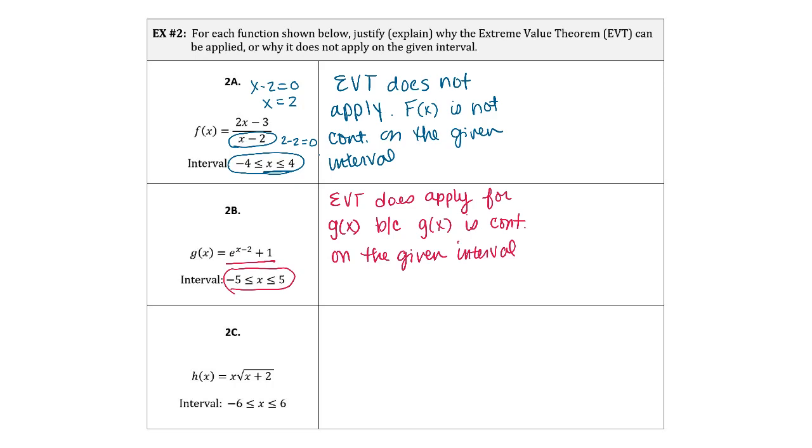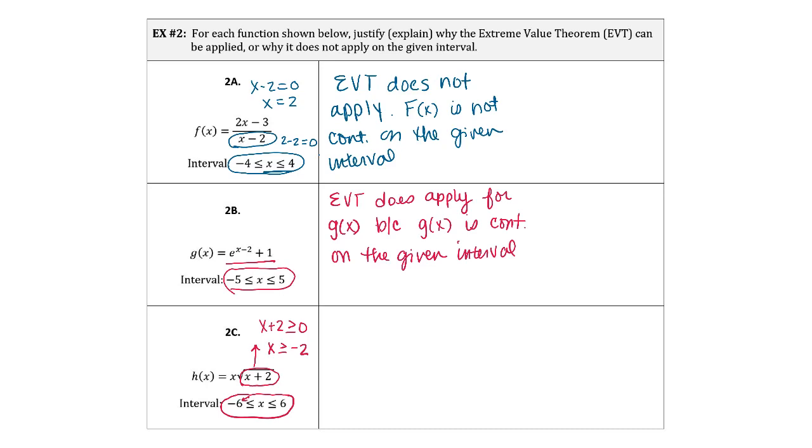Okay, and then our next example, again, we have a square root, and we know in the real number system we cannot take square roots of negatives. So to ensure that, what we would need to do is take x plus 2 and make sure that stays greater than or equal to 0. In other words, it stays positive. So I'm going to subtract 2 to see what set of x values I'm working with. And so x must stay greater than or equal to -2, but this interval has values that are less than -2.